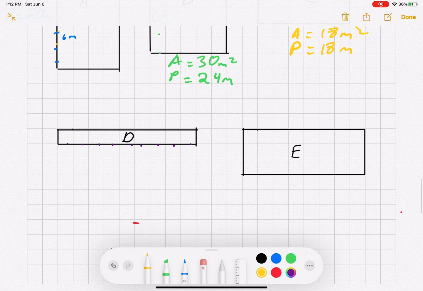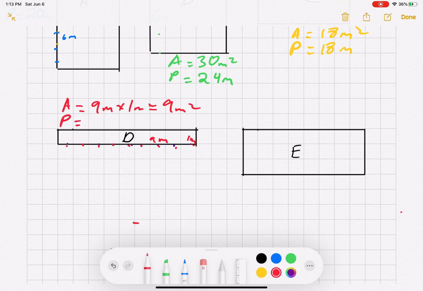Then I'm going to look down here, okay, and I have 1, 2, 3, 4, 5, 6, 7, 8, 9. So that's 9 meters, and this is 1 meter. So the area is equal to 9 meters times 1 meter, right? The length times the width. So that would be 9 meters squared.